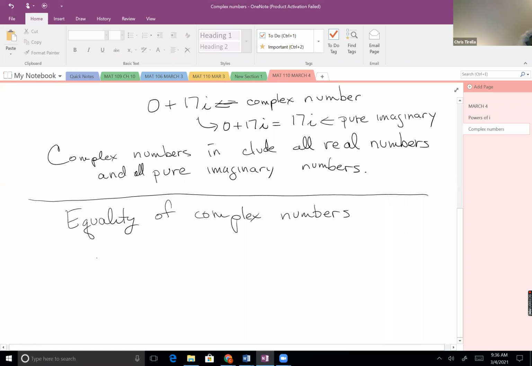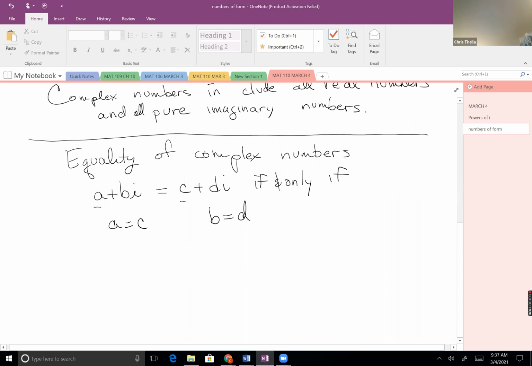And so we're going to say that a plus bi equals c plus di if and only if a equals c, the real parts are equal, and b equals d, the imaginary parts are equal. Does that make sense? So the real parts are equal, and the imaginary parts are equal.